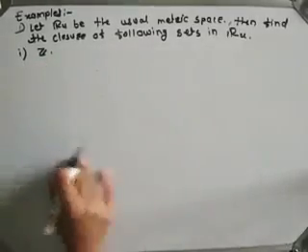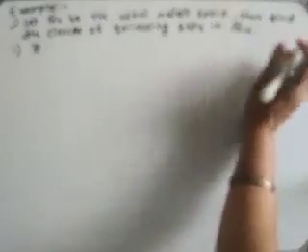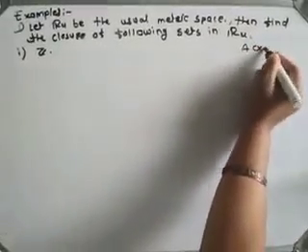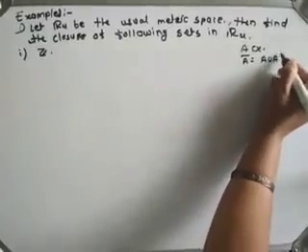What is the definition of closure of a set? If (X, d) is a metric space and A is a subset of X, then closure of A is equal to A union A dash.